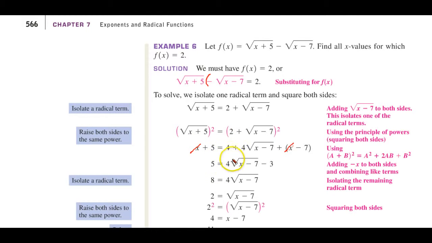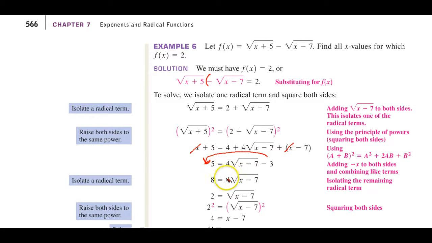So we have a 4 and a -7, which will give us a -3. Okay, now we're going to take this -3, transpose it. That gives you a +3 and a 5, which gives you an 8.